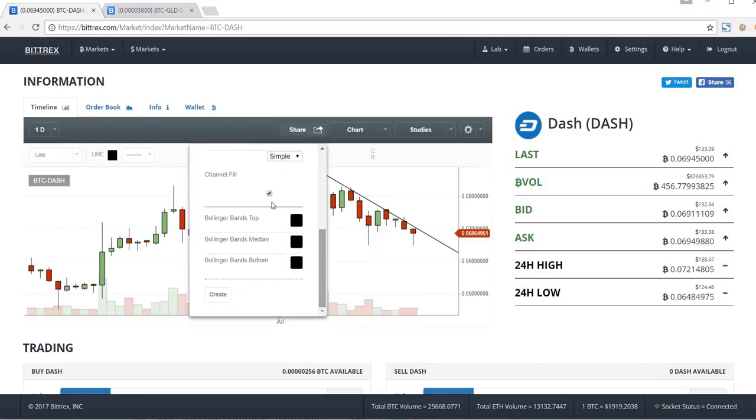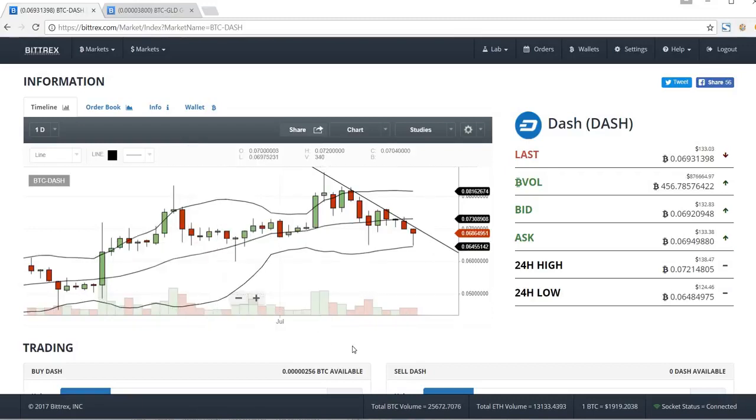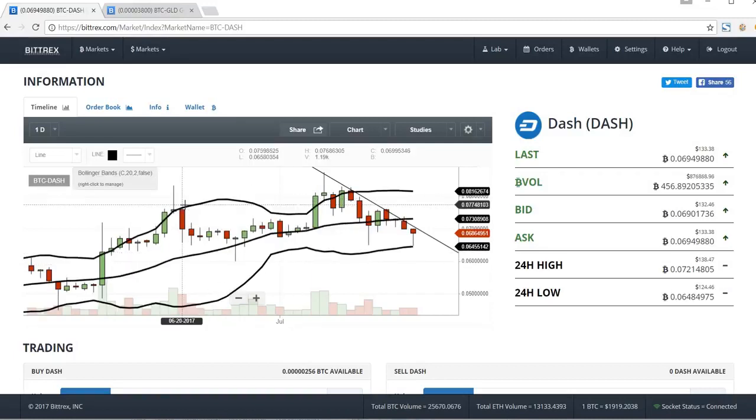What I'm going to do is, I don't want the channel to be filled. It's harder to see the details, so I'll unclick this, and then I create. Okay, so here we go. This is the Bollinger Bands. This is the upper band. See all this here.